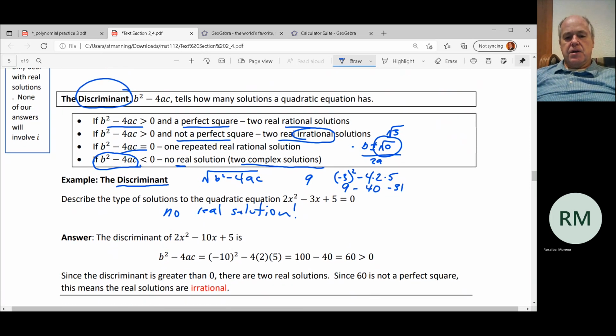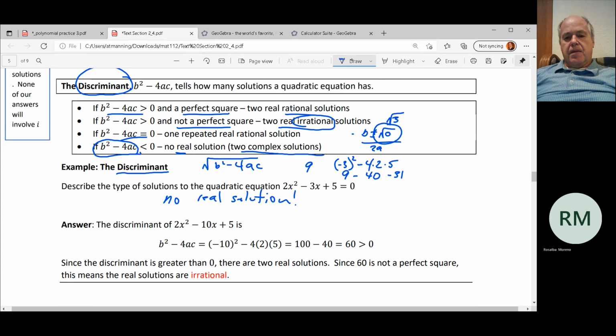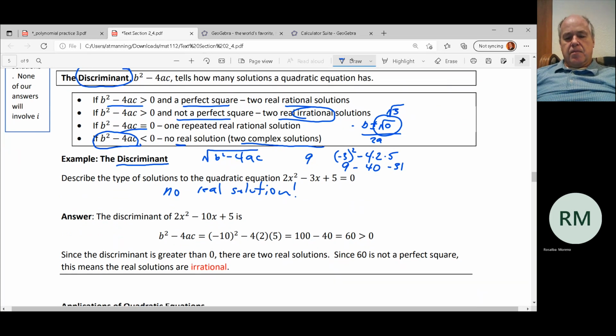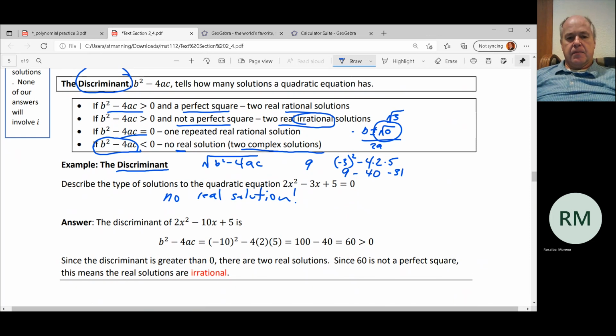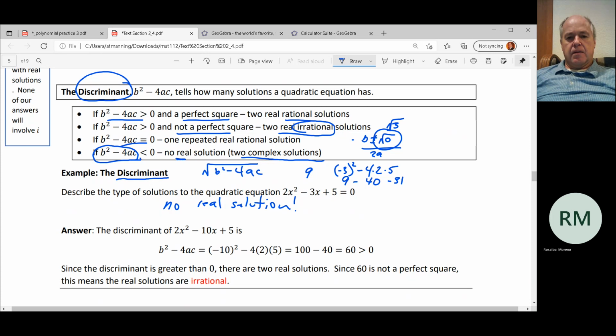Because all we did was look up what the discriminant's value was. So 2x squared minus 10, well, how'd they get minus 10x? Oh, so they looked at a different one.